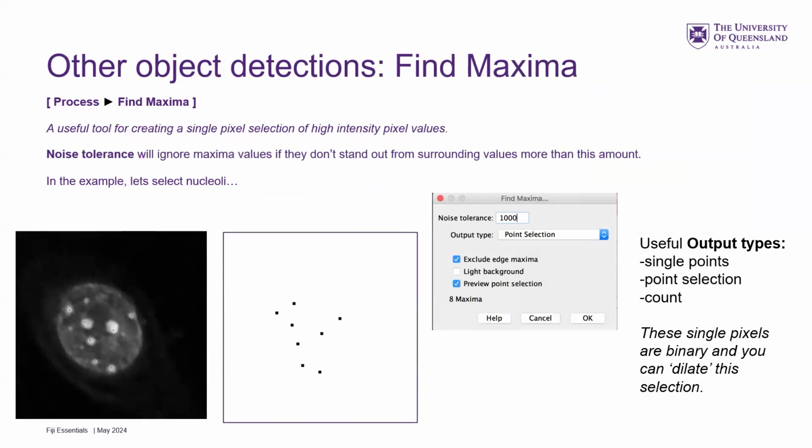One other way that you can detect objects quickly is using Find Maxima, under Process, Find Maxima. You have this noise tolerance, and this window pops up. It's kind of fitting like a Gaussian curve. So if you say like 1,000, it's going to find something that's more than 1,000 in brightness difference to the objects around it.